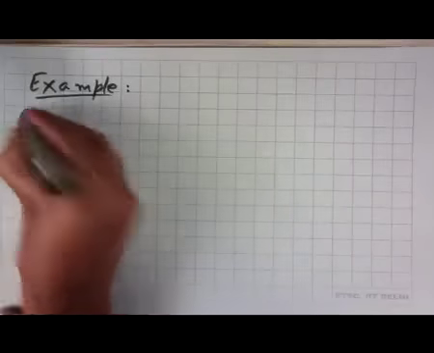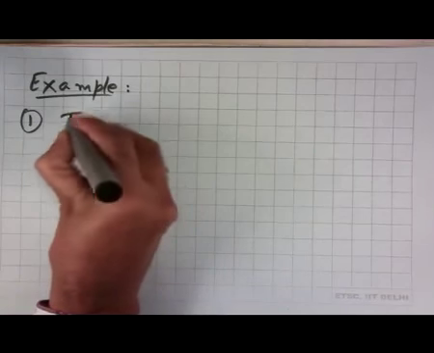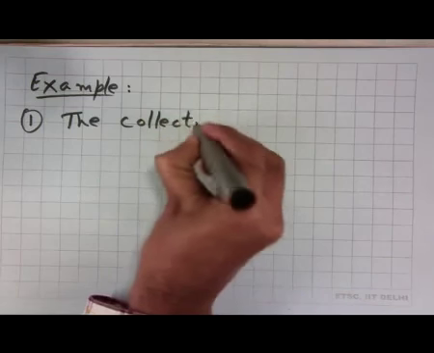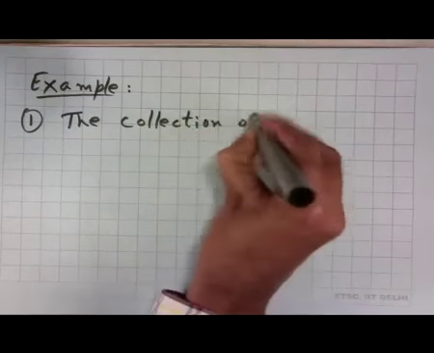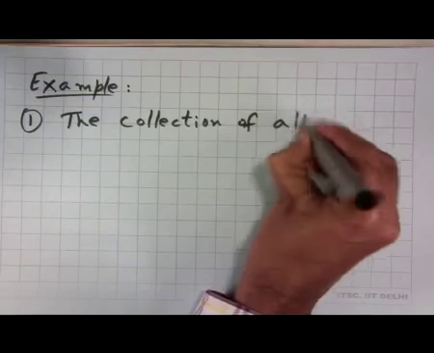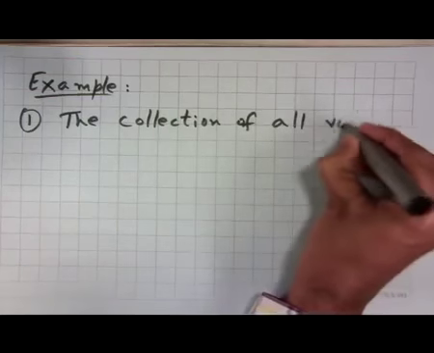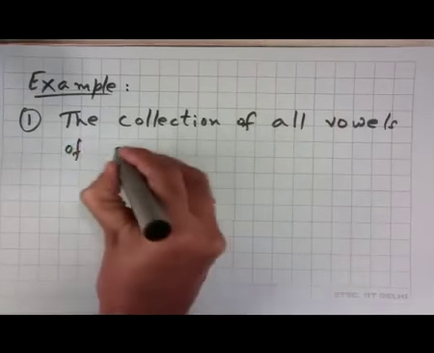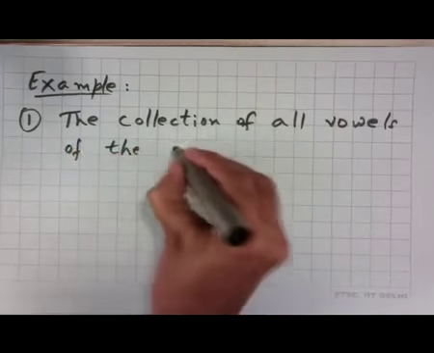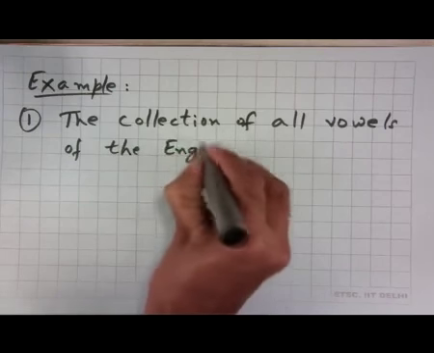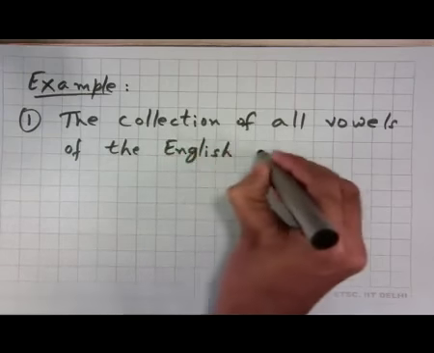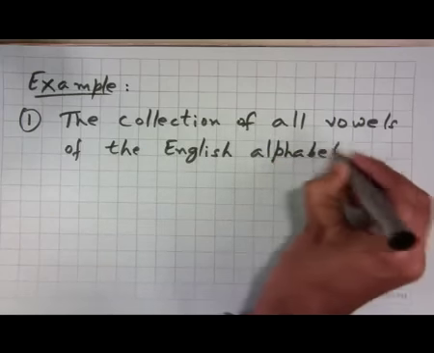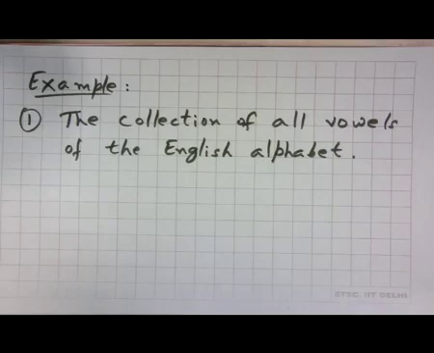So, one, the collection of all vowels of the English alphabet. So, what is this collection?